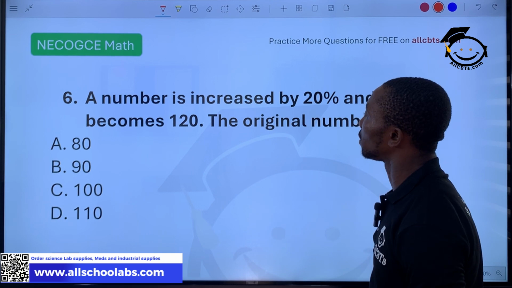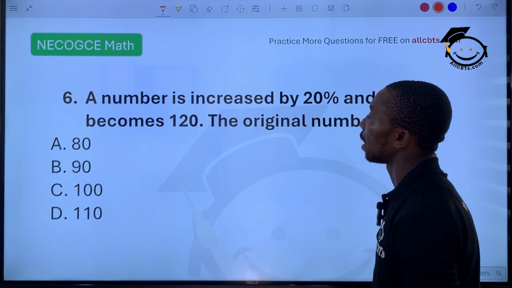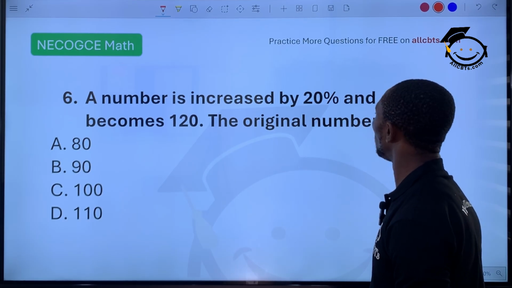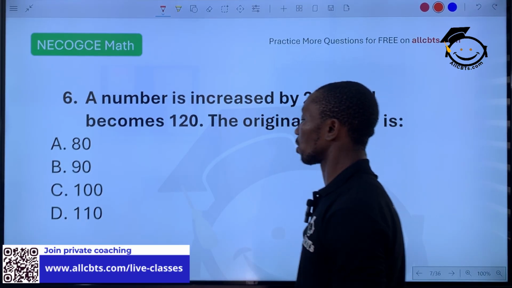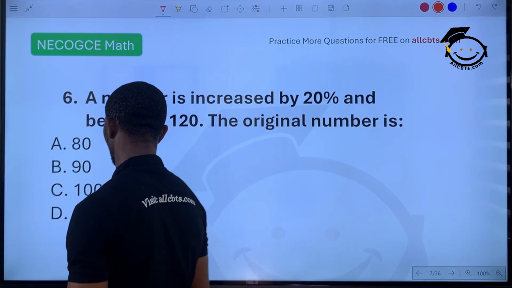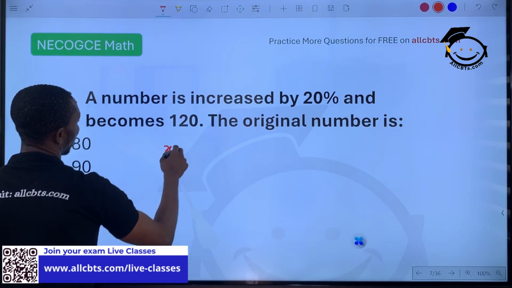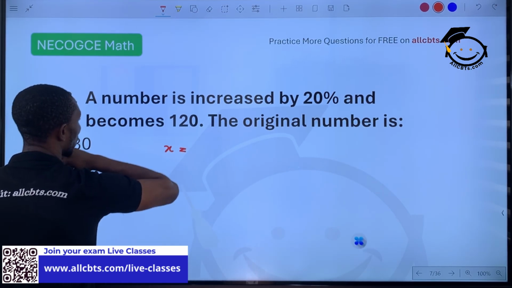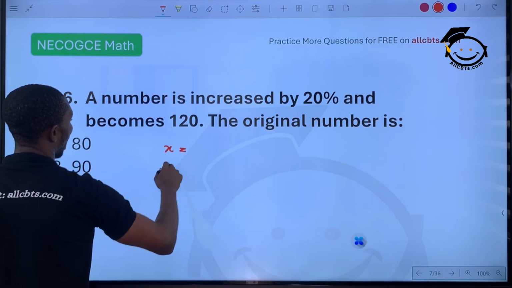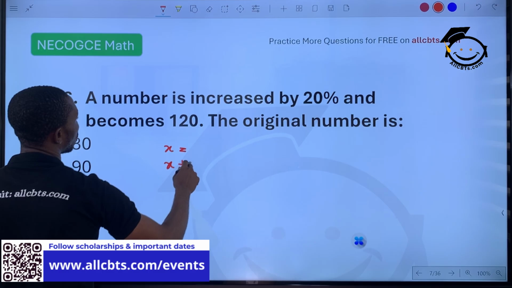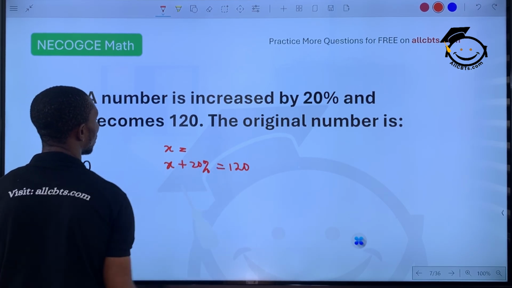A number is increased by 20%, and becomes 120. The original number is, okay, now what is 20%? If our original number is x, our increase of 20% would be x plus 20% to give 120.